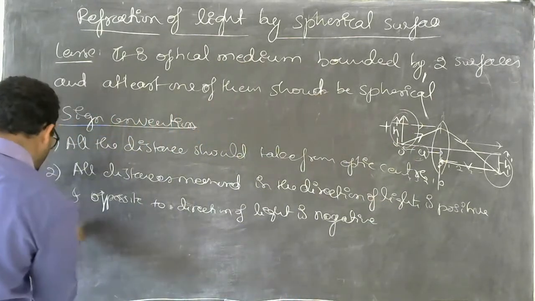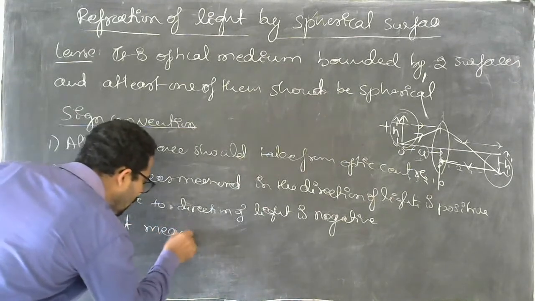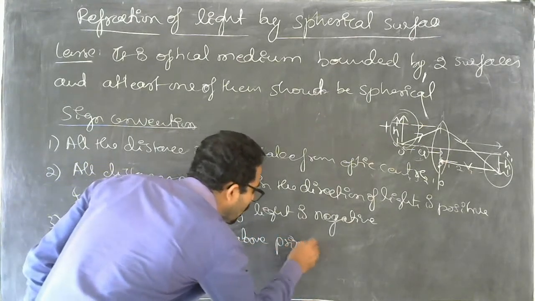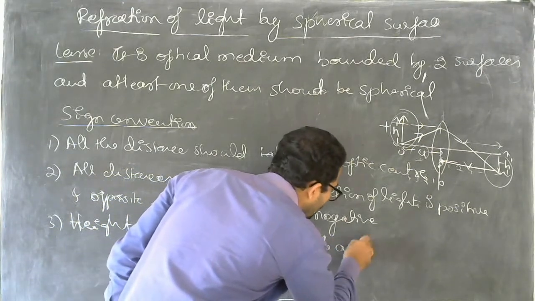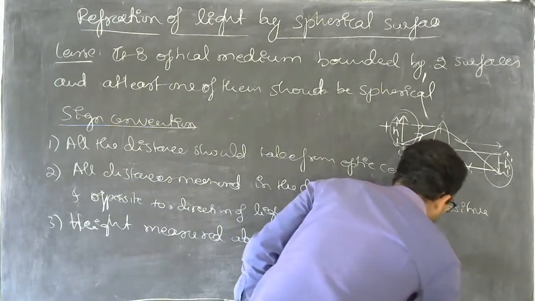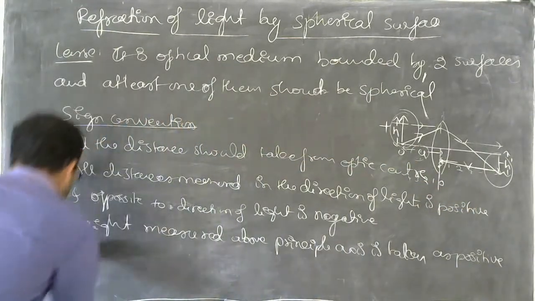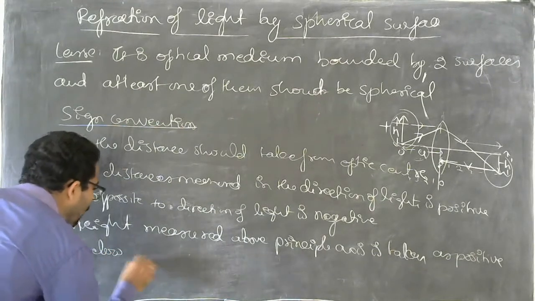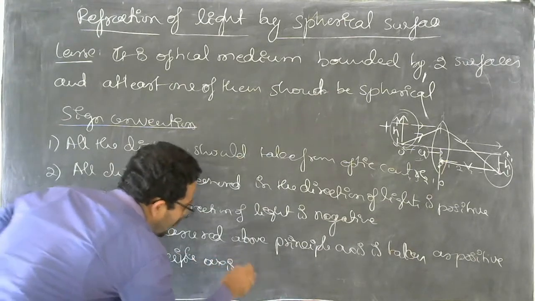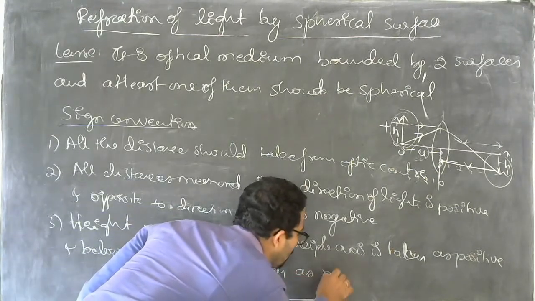Height measured above the principal axis is taken as positive, and below the principal axis is taken as negative.